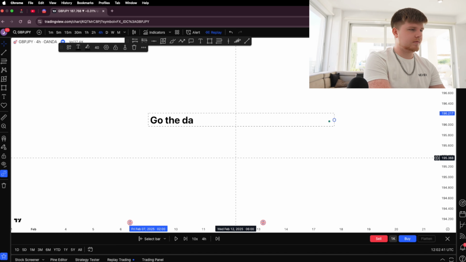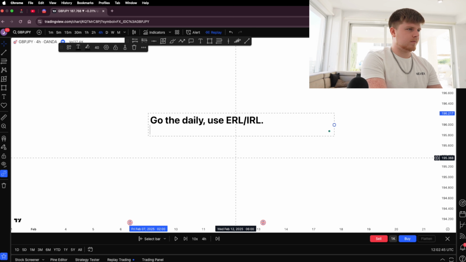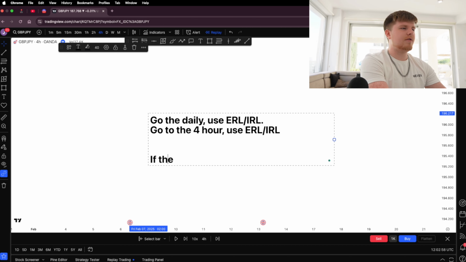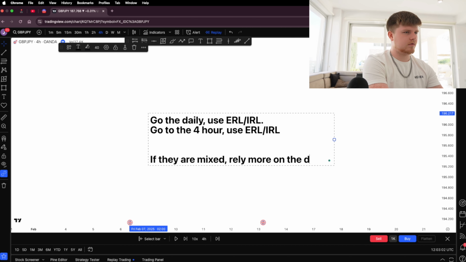Okay, so what I want you to write down, this is how you find your bias. Go to the daily, use ARL and IRL. Go to the 4 hour, use ARL and IRL. And then there are some specific rules here. If they are mixed, rely more on the daily and wait for the 4 hour to align.